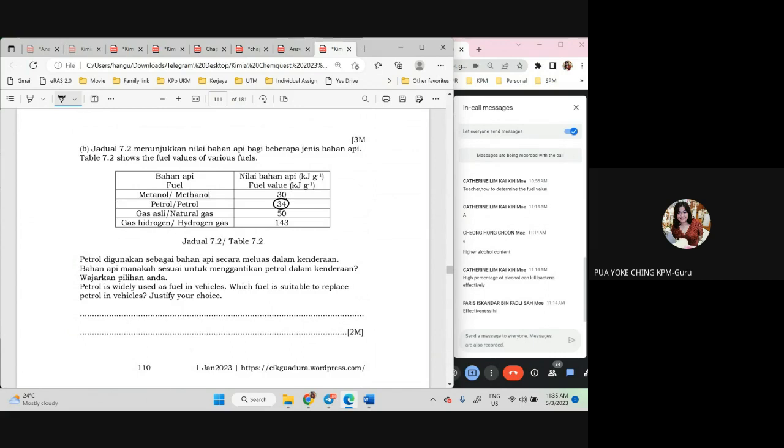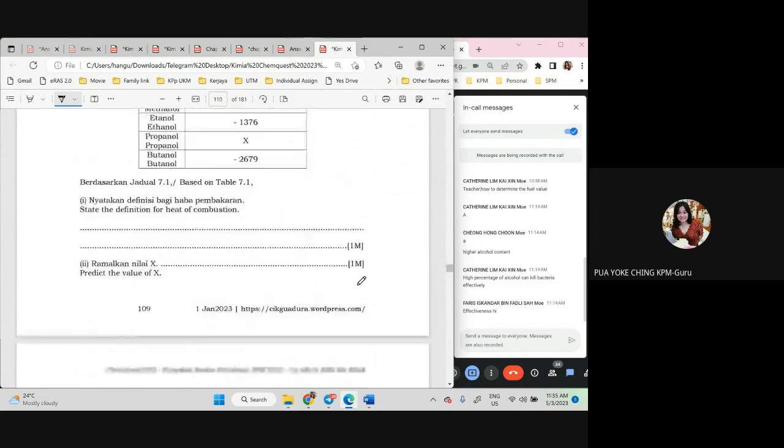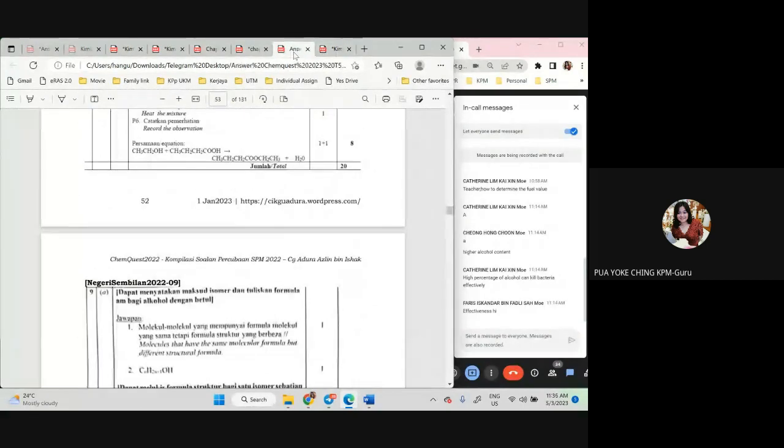You use methanol, or you use gas asli, or you use hydrogen gas? This is JUJ 2022. Anyone?